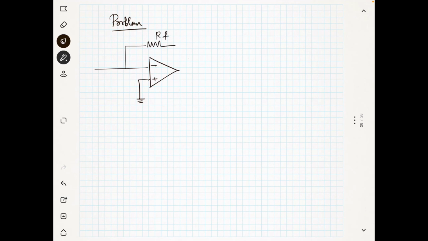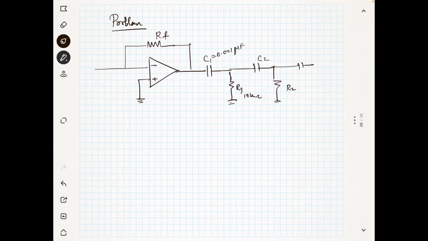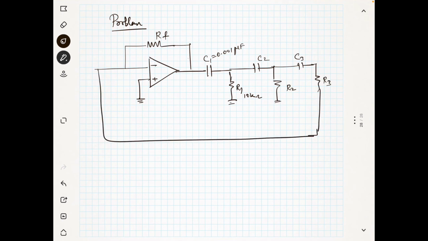So this is RF, this is C1, this is R1, this is 10 kilo, and this is 0.001 microfarad. Again second RC network, this is R2 and C2, third RC network C3 and R3, and this R3 is connected in feedback. This is 10 kilo ohm and this is 10 kilo ohm.